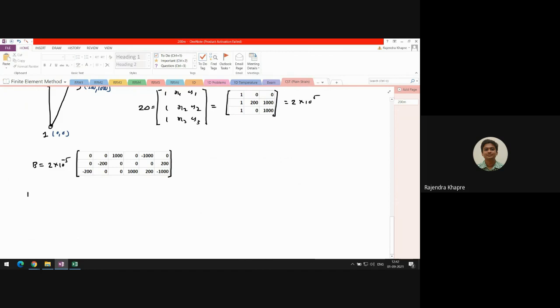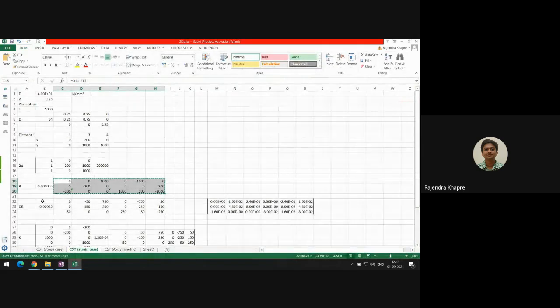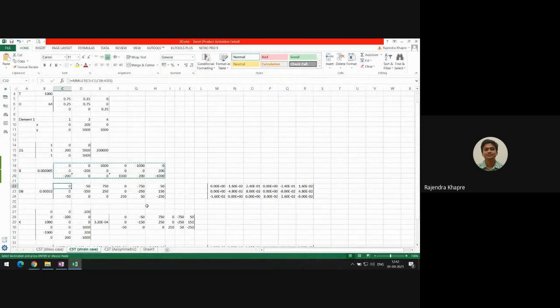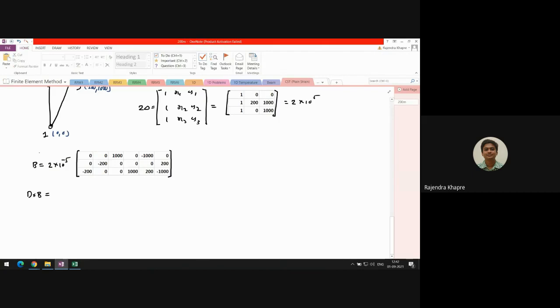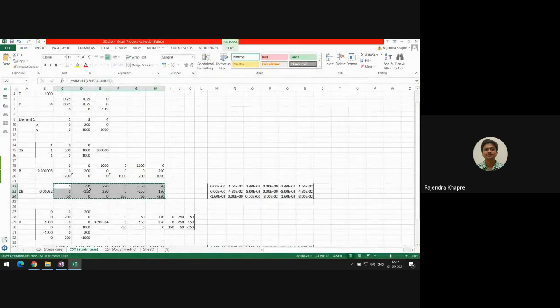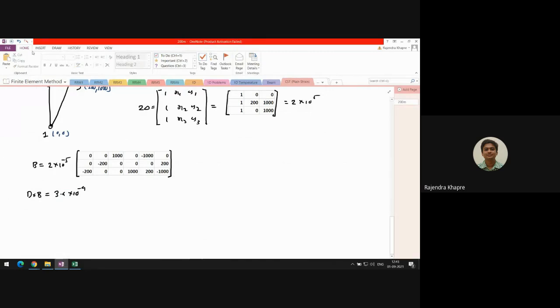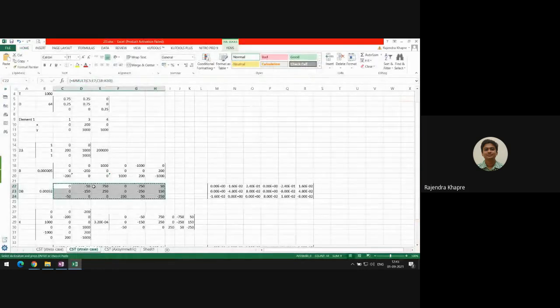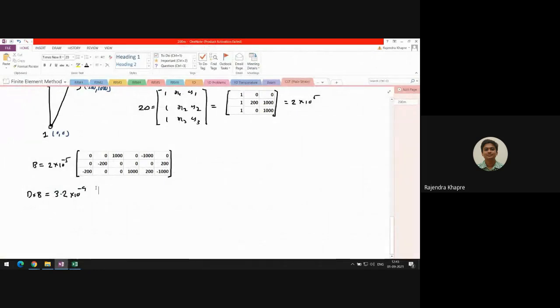Then we can go with the D multiplied by B matrix, because this will be required. We have already calculated the value of D, and just now we have calculated the value of B for the second element. This comes out to be 3.2 into 10 to the power minus 4, not 3.4, multiplied by a matrix which is something like this.